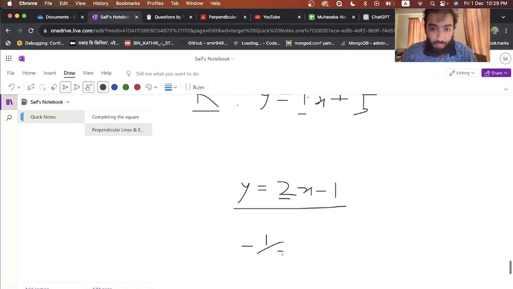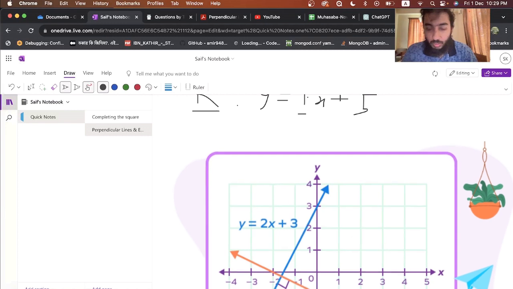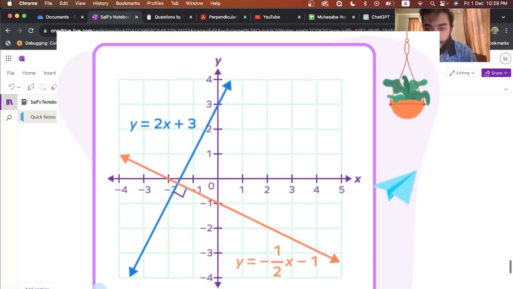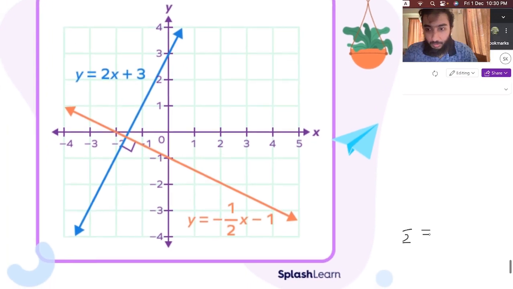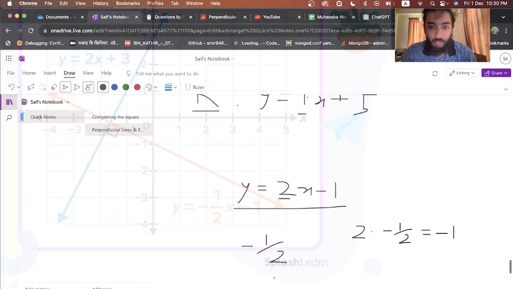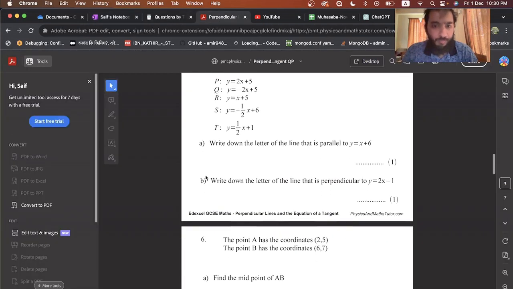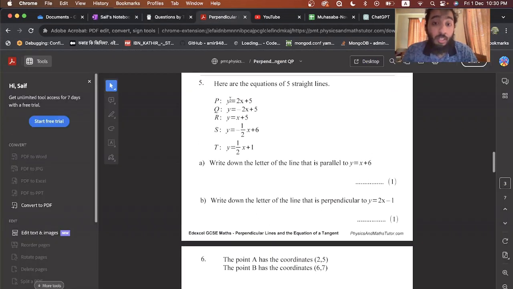Minus half, because 2 multiplied by minus half is minus 1. So which of these 5 equations has a slope of minus half?